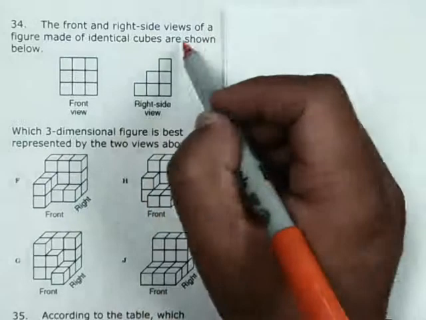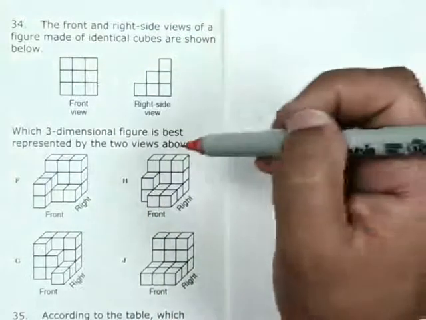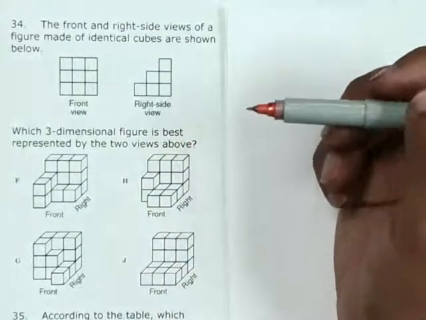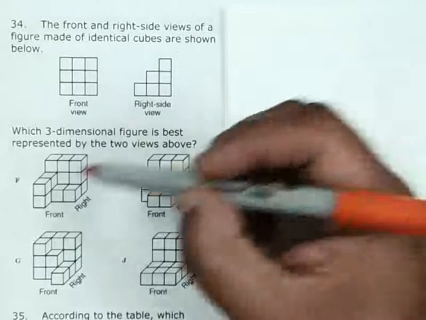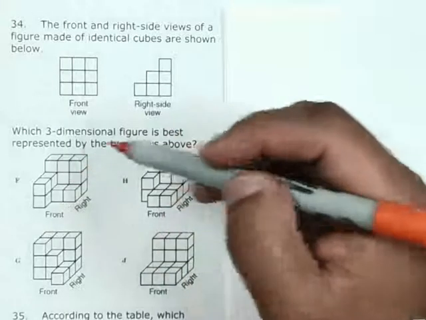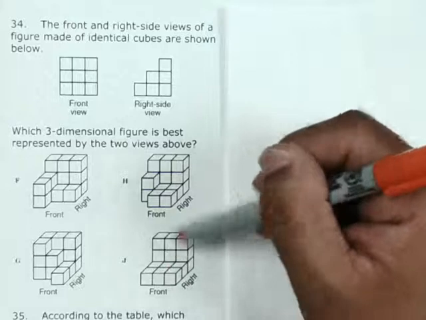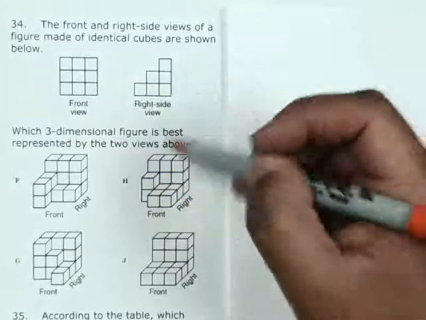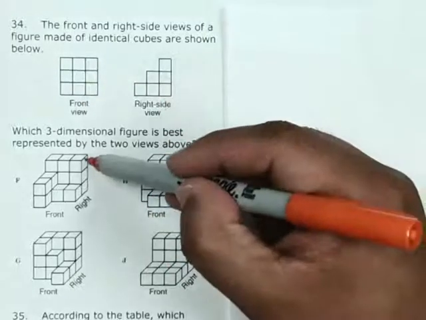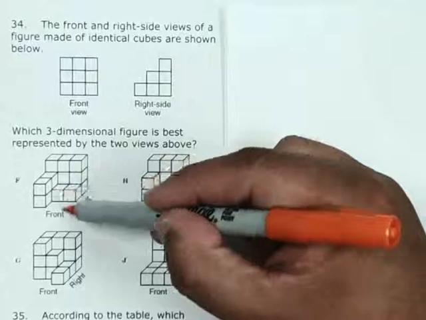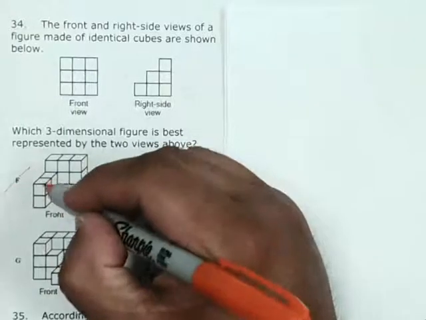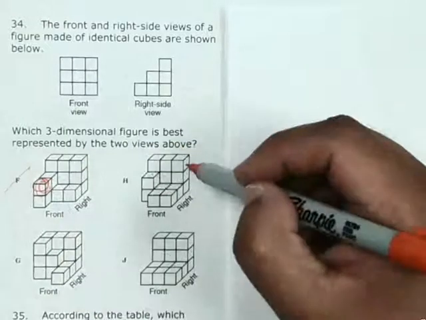34, the front and right side views are shown. This is the front view and the right side view. Which one would be the right view? Okay, the front view on this one works. Same thing with this one, and this one, because I'm going to see a 3 by 3 view. So I have to look at the right. I got a stack of 3, stack of 2, and then a stack of 1. So this one's out because I have this extra cube right here.